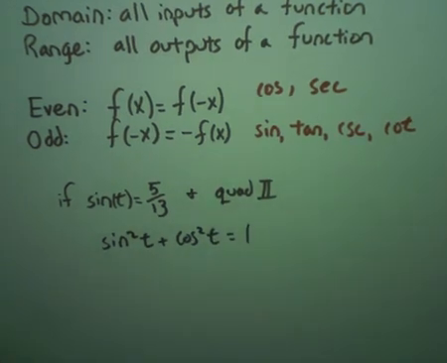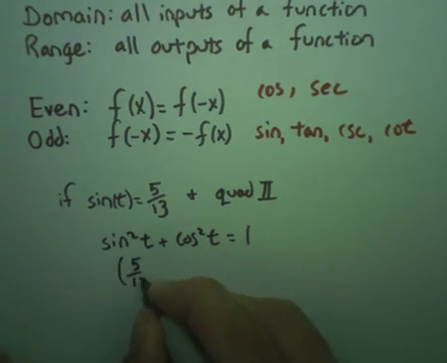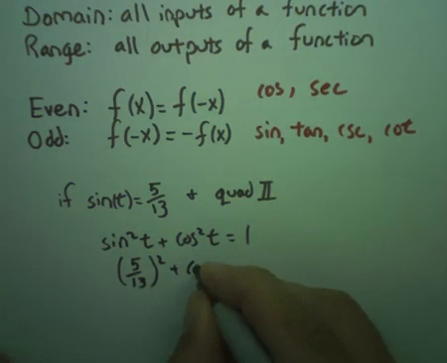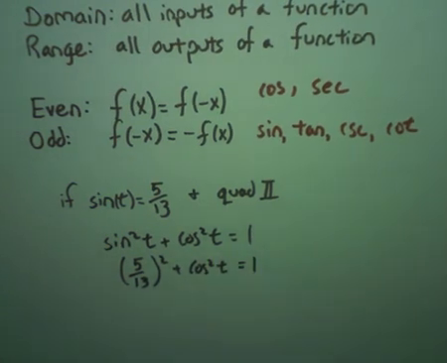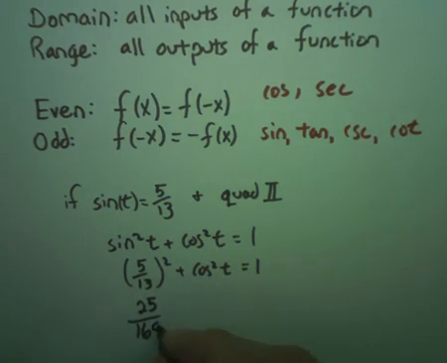And if we know that sine is 5/13, we could say (5/13) squared plus cosine squared equals 1. And we can solve that for cosine and figure out the value of cosine. So (5/13) squared is 25 over 169.